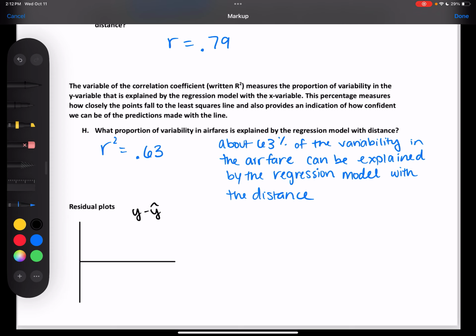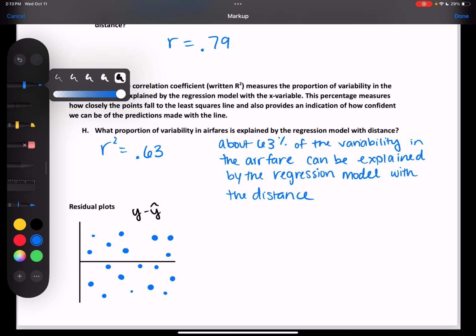All right, so the residual plot, this is what we basically drew in the notes. The points are just all over the place, no pattern to it or anything, and no, it doesn't matter that the dots are different sizes. It just happens.